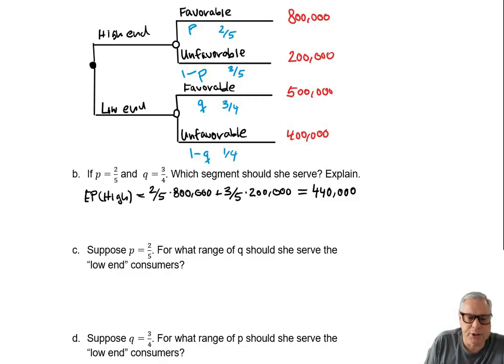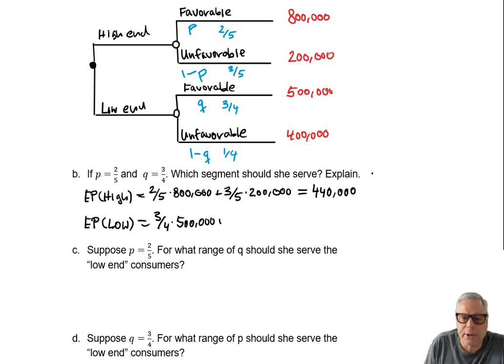Okay, what's the expected payoff of low? Okay, so 3/4 times 500 plus 1/4 times 400.